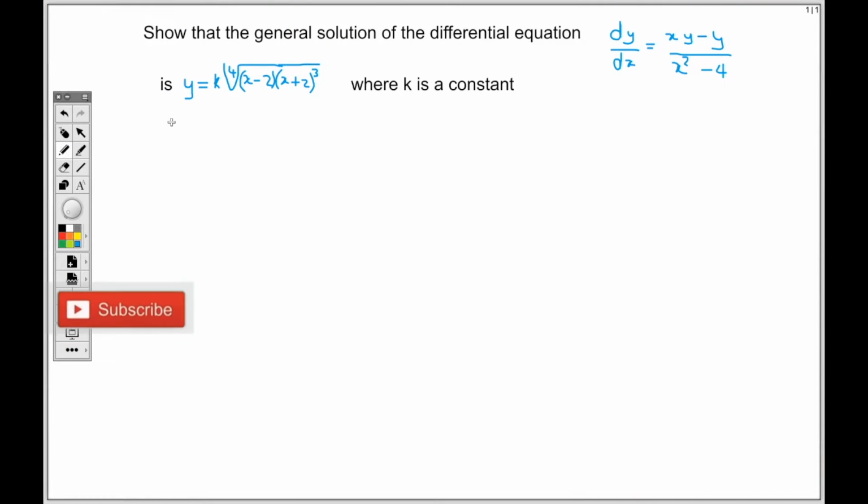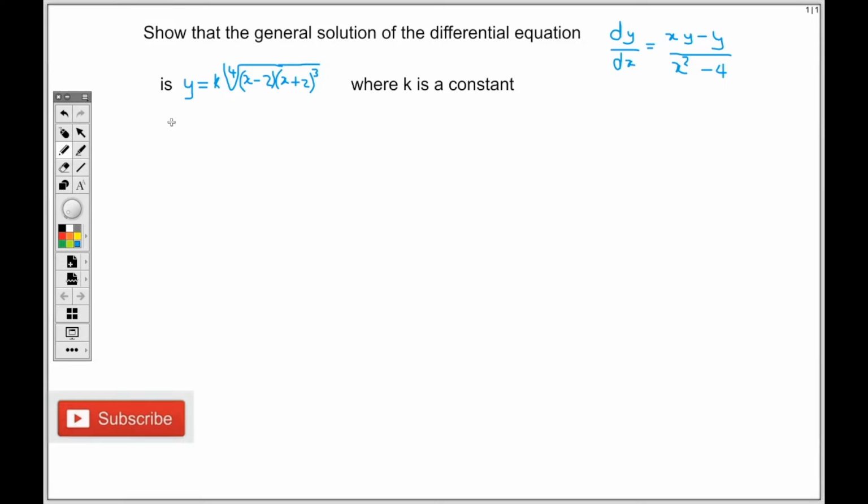So I am going to show that the general solution of the differential equation dy over dx is equal to xy minus y over x squared minus 4 is y equals k times the fourth root of (x minus 2) times (x plus 2) cubed, where k is a constant.